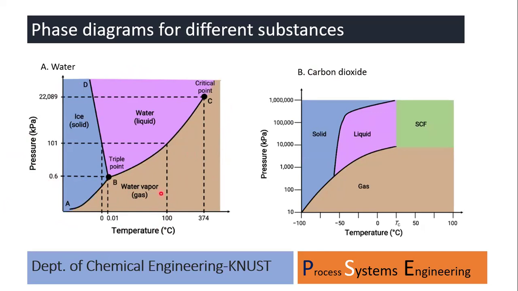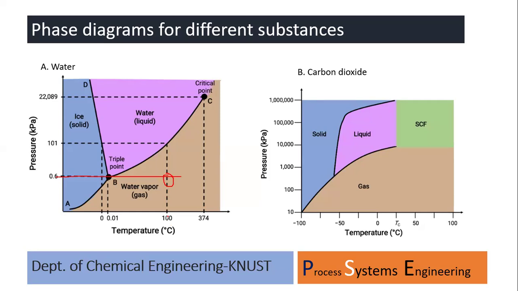There's a particular temperature and pressure that if you work with, your water would be a vapor, right? So if I'm at 100 degrees Celsius and I'm at maybe 0.6 kilopascal, if I should trace this to meet the 100 line, you realize that I'm still in the vapor region. So at 100 degrees Celsius and 0.6 kilopascal, my water will be expected to be a vapor, right?